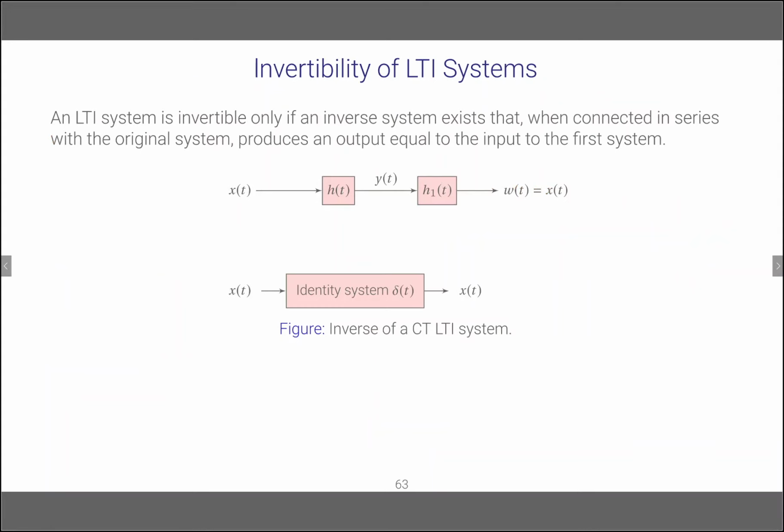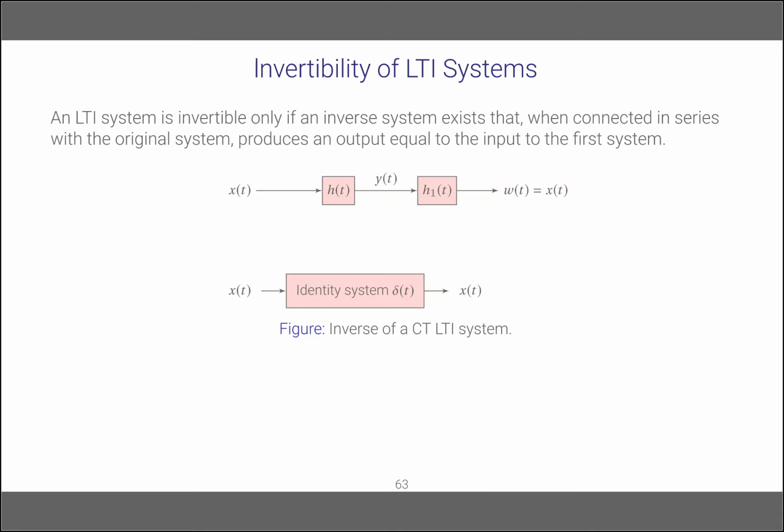Okay, then let's look at the invertibility of LTI systems. An LTI system is invertible only if an inverse system exists that, when connected in series with the original system, produces an output equal to the input of the first system.